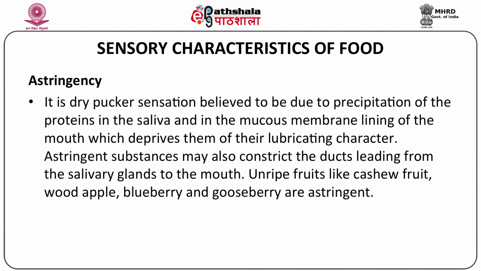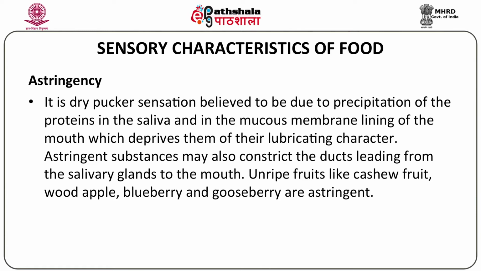Astringency is another important factor. What is astringency? It is a dry pucker sensation believed to be due to precipitation of the proteins in the saliva. We know most of the foods have a protein component, and when this precipitates in the saliva, after it comes in contact in the mouth and in the mucous membrane lining of the mouth, this deprives them of the lubricating character.